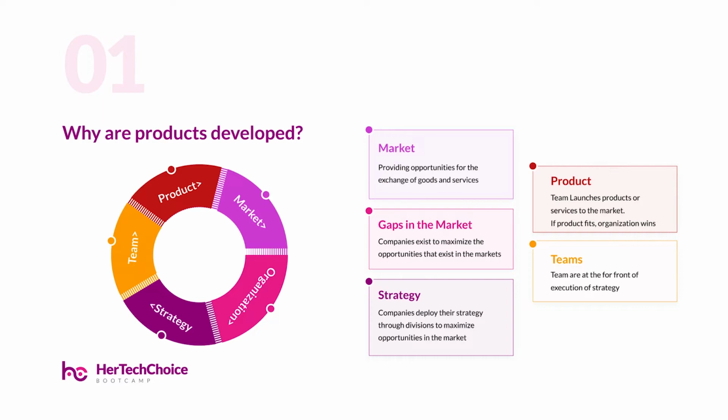That's if they are a big company, they create divisions, while if they are small companies, they go directly into teams which help execute these strategies. Then the team launches the product or services to the market, and if the product fits the organization or the company, the organization wins.